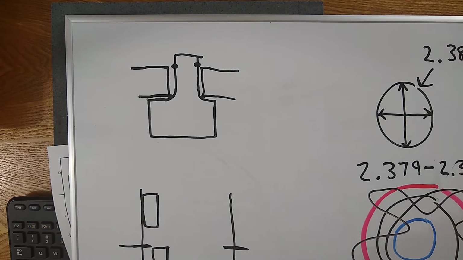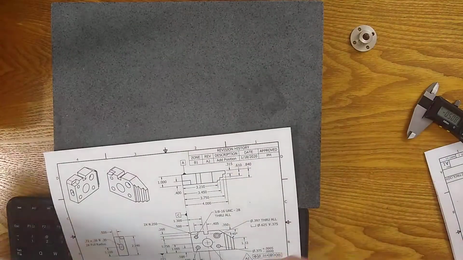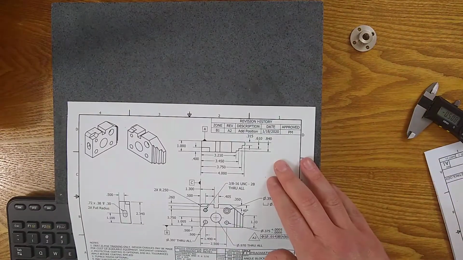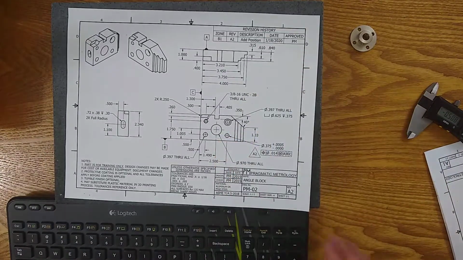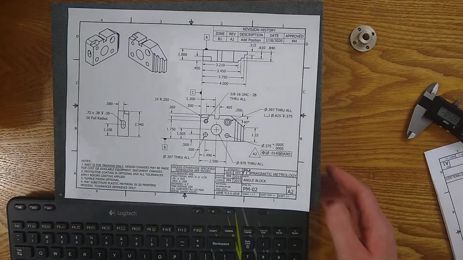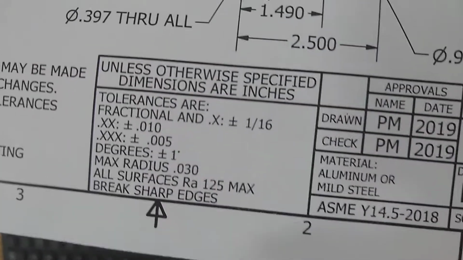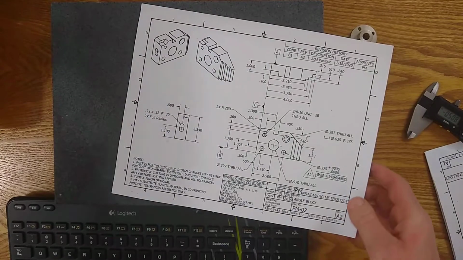So watch out for that, because it may not be called out on the print specifically, but there will be a radius. So it's in the title block. Max radius 30 thousandths. There it is. Okay, let's keep going.